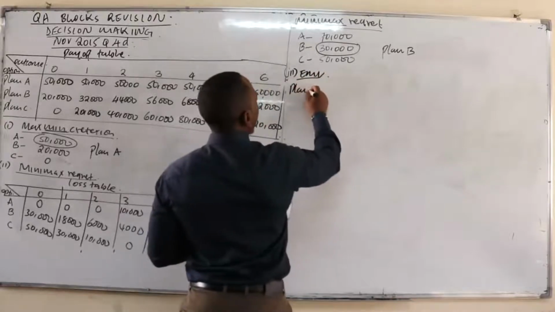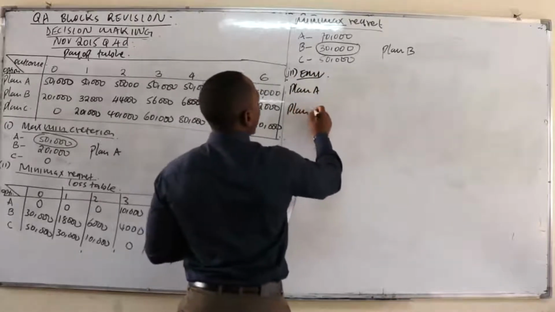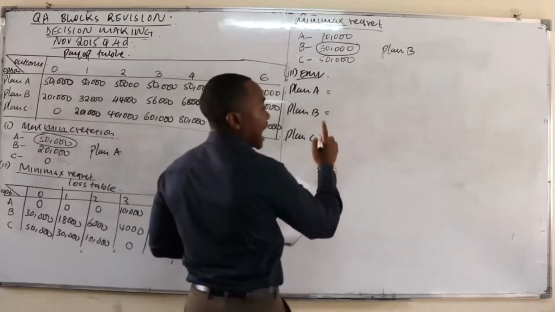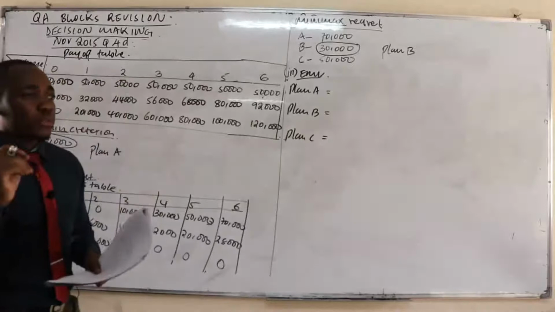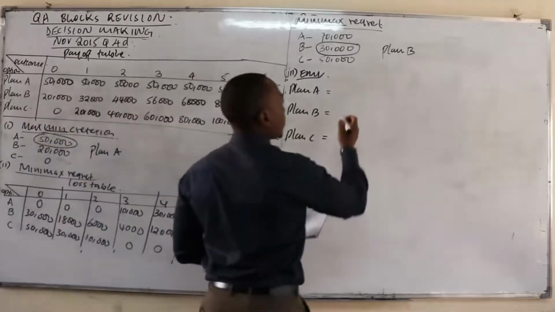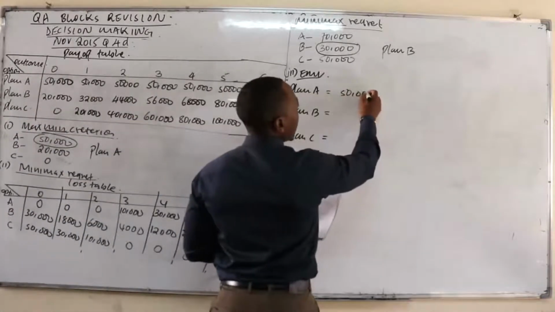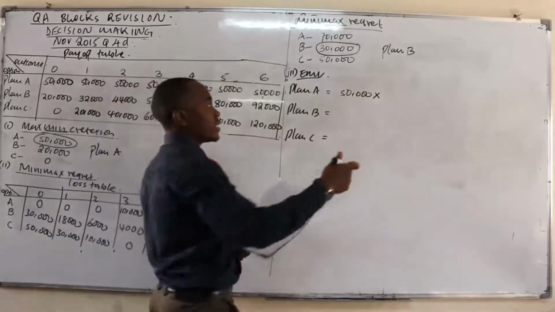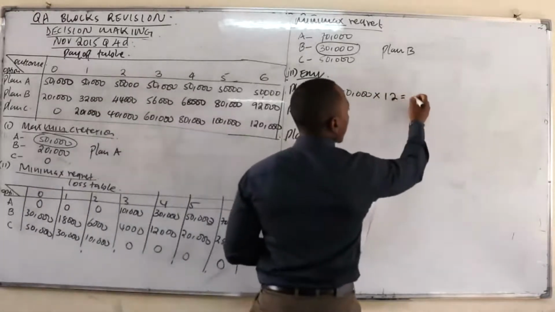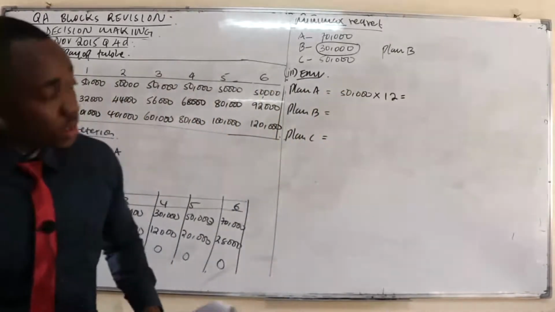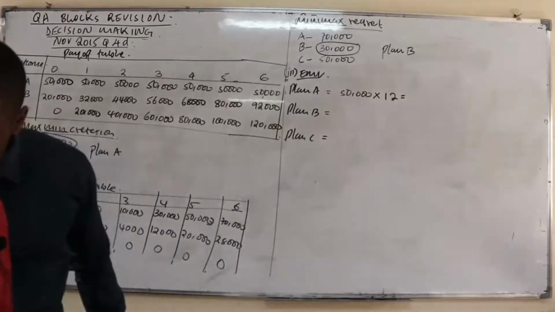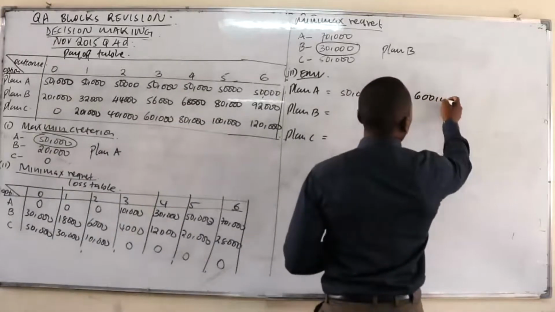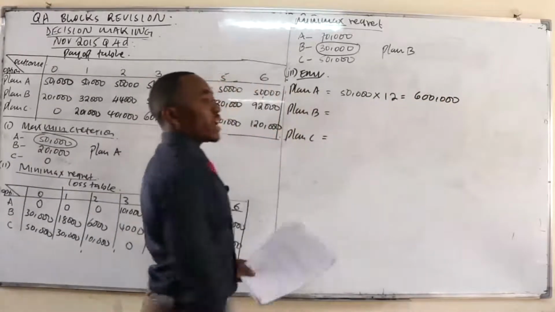So we have plan A, plan B, plan C. And plan A, regardless of the number of units you sold, per month you are getting your salary of 50,000. And in this case, you're given the past year. So that means you multiply by 12. So it's 50,000 multiplied by 12. That means per year you'll be having 600,000. Let's go to plan B.